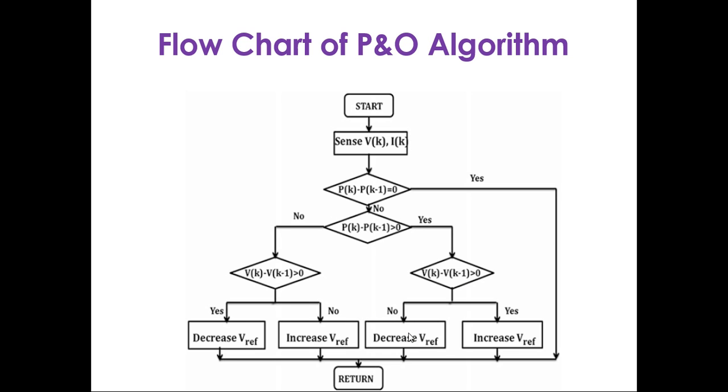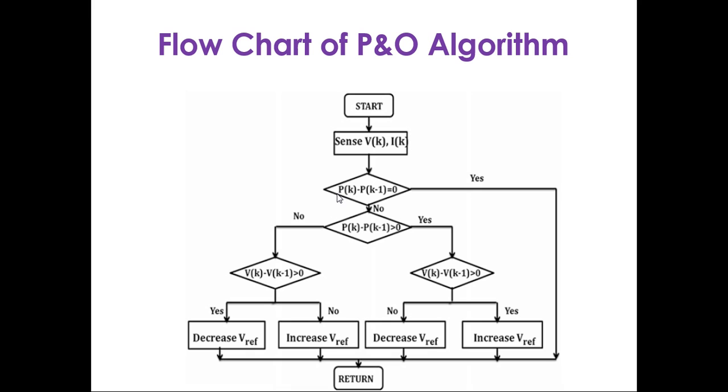If it is no, then we can increase the reference voltage, and then the algorithm will return to its original state. So this loop will rotate every time the climatic condition changes.